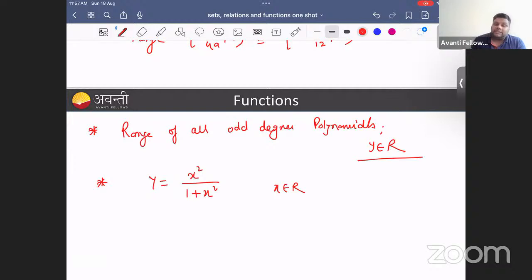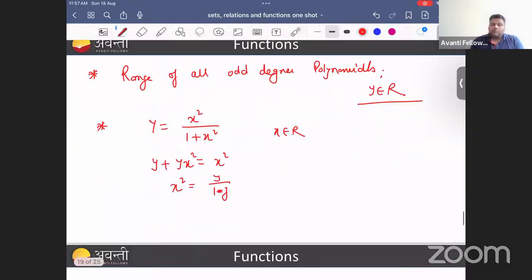Now, how do we find its range? What do we do? Write x in terms of y. So y plus yx square is x square. So your x square came y upon 1 minus y. Now we are all aware that x square is always greater than or equal to 0.